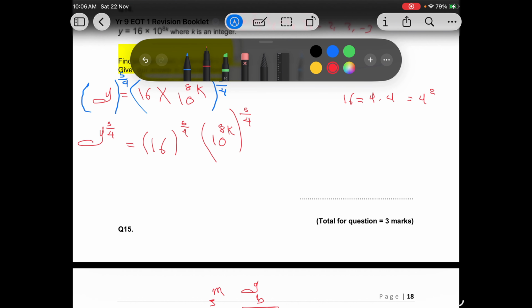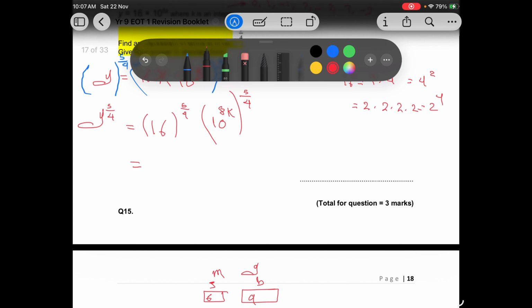This is nice, but there's one more view: 2 times 2 times 2 times 2, so it will be 2 to the power of 4. Both are correct, but one of them is more beneficial for me to make life simpler. So this is unchangeable, y to the 5 over 4. Look at this: 2 to the power of 4, all to the power of 5 over 4.